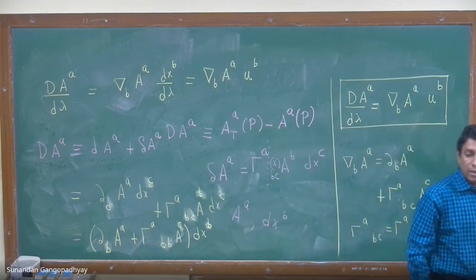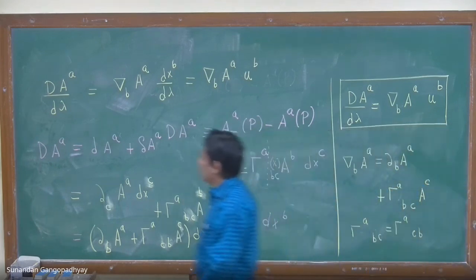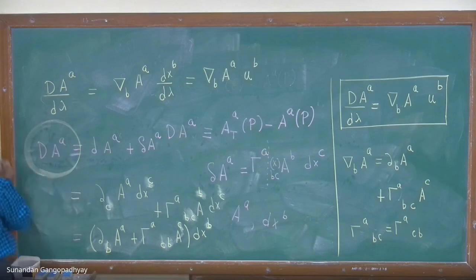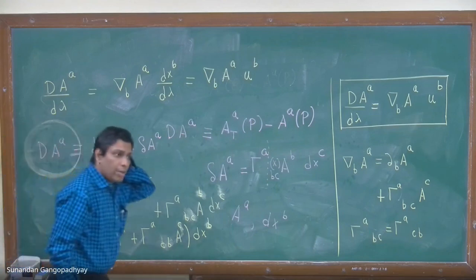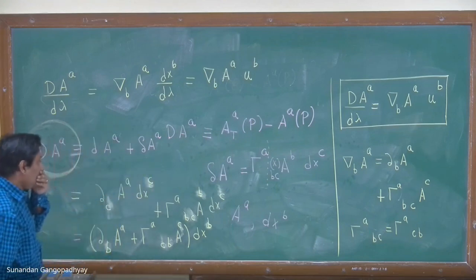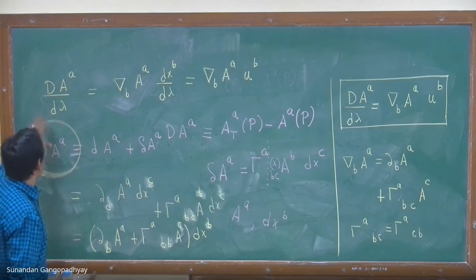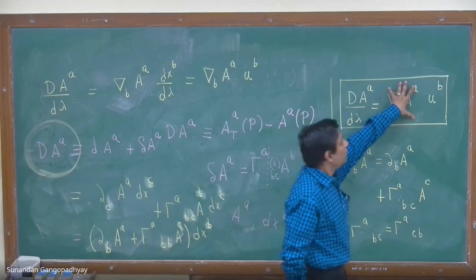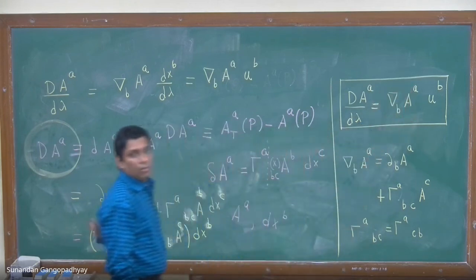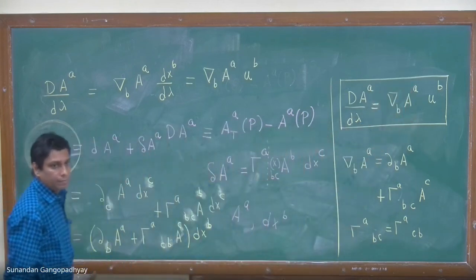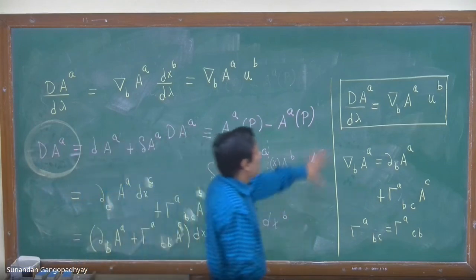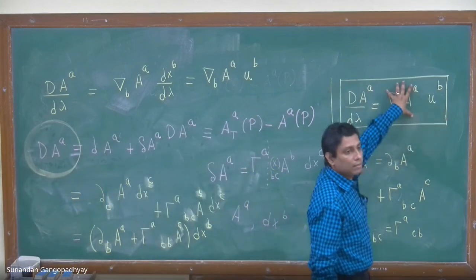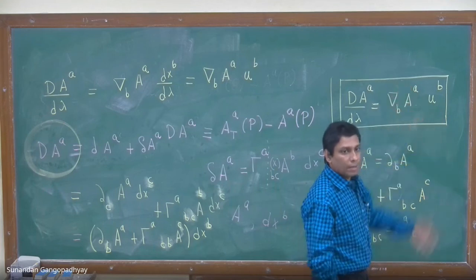And my claim was that this operator that we had here transforms in a tensorial way. So the claim is that this particular thing, the covariant derivative here, transforms in a tensorial way. Because this is a tensor, this is a tensor, this must be a tensor. This is my claim.